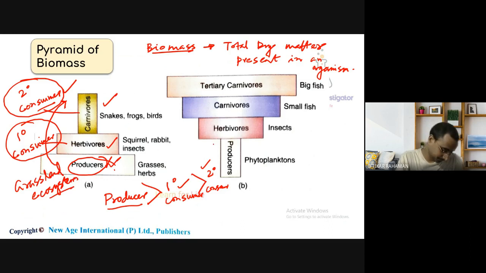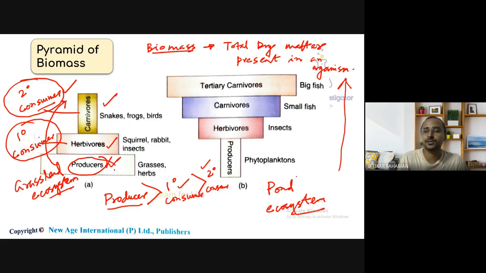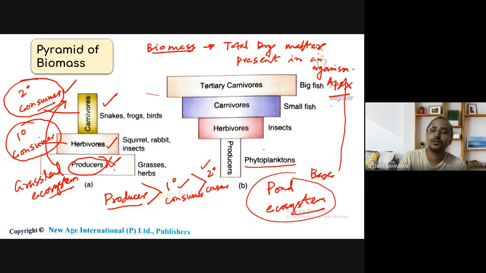On the other hand, in the pond ecosystem, you can see the biomass, if we move from base to apex, this is base, this is apex, is getting increased, from phytoplanktons to insect, from insect to small fish, from small fish to big fish. In each and every step, the biomass is getting increased.